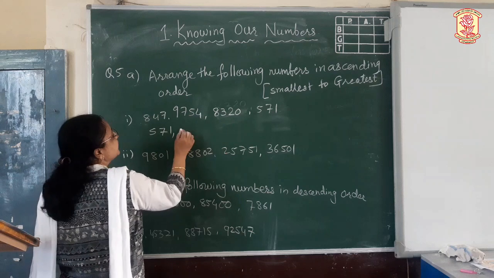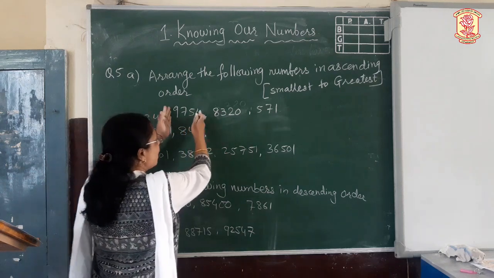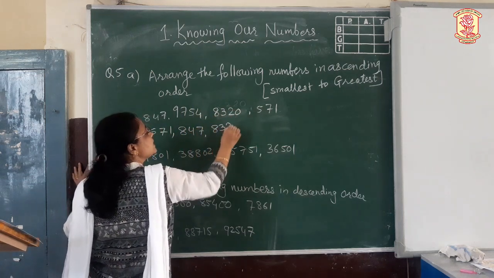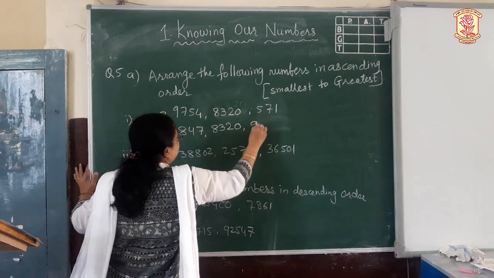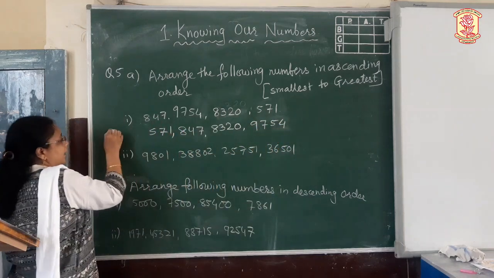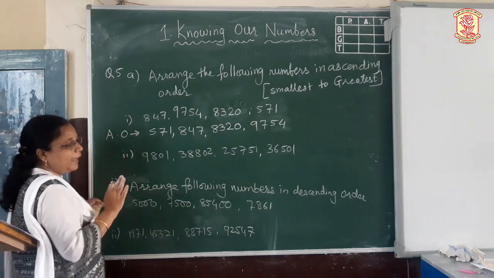Then the second 3-digit number, 847. Now among these two 4-digit numbers, 8320 is the smallest and 9754 is the greater number. This is the ascending order. What have we done first?